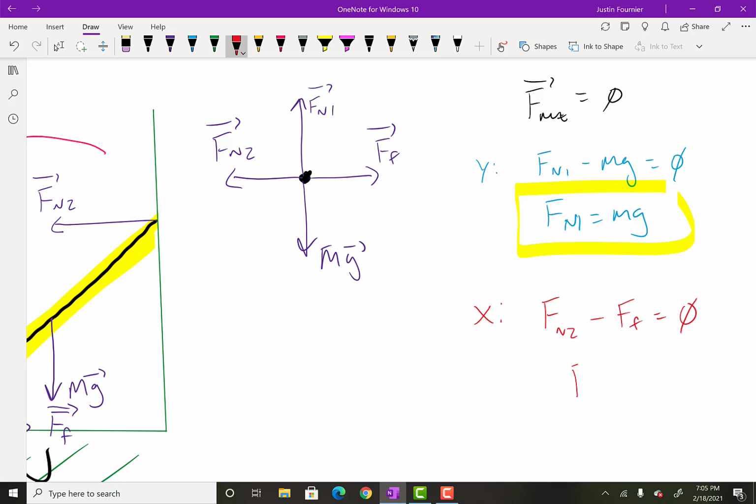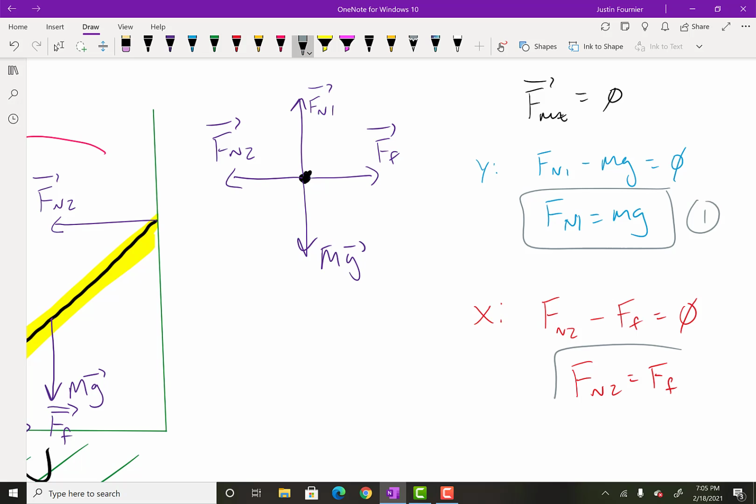Getting ahead of myself here. So Fn2, the normal force 2, is equal to the force of friction. And so I got that as well. Let's make it in gray. So here's relationship 1, here's relationship 2. And okay, that's not going to get me too far here.